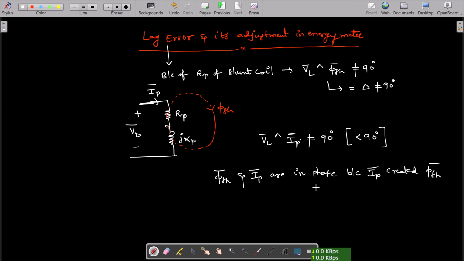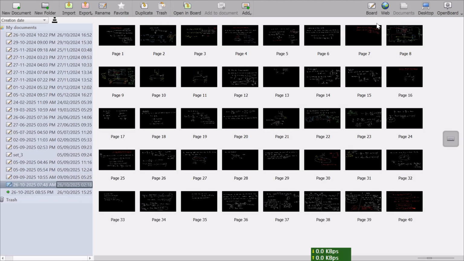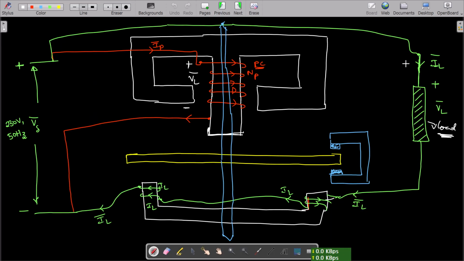Another thing we have to assume is that the load we connected is not a pure inductive load, it is an inductive load, such that the phase angle between IL and VL is phi.